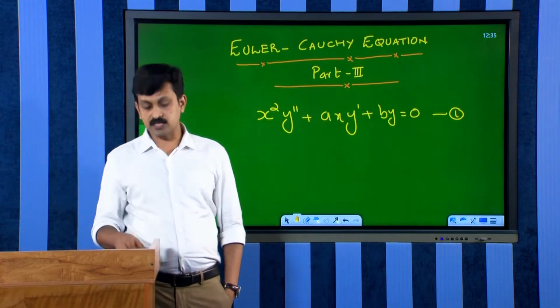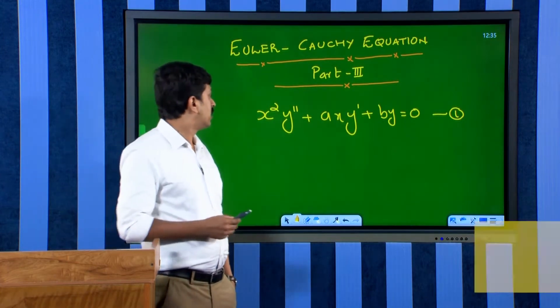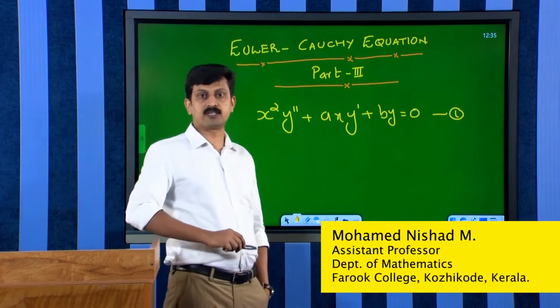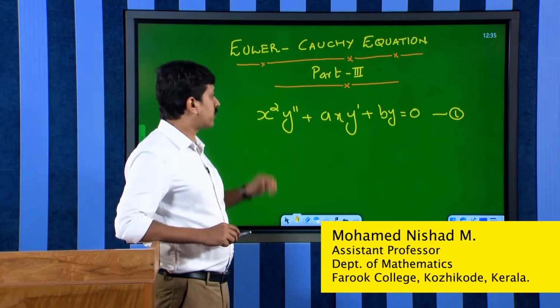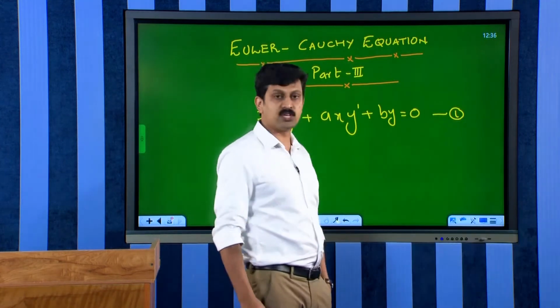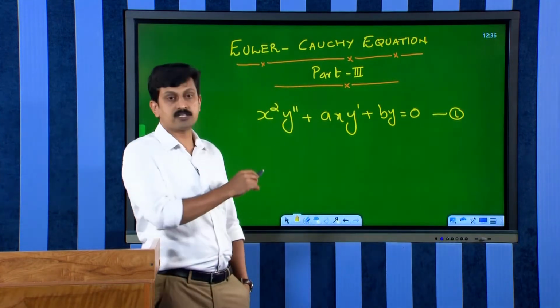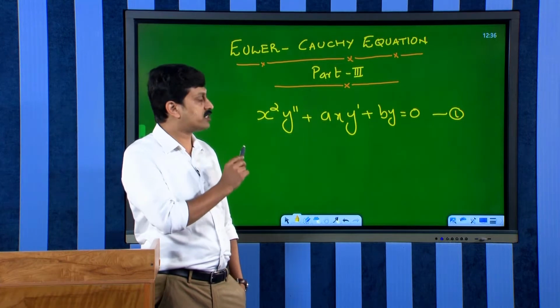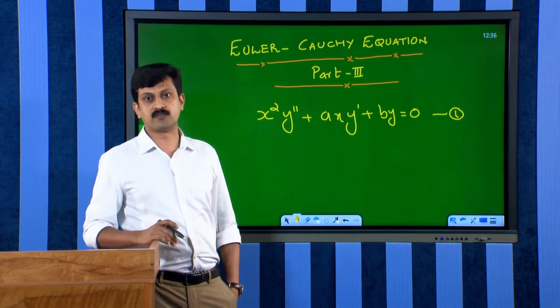We already discussed the Euler-Cauchy equation, and we know that x square y double dash plus axy dash plus by equal to 0 is an Euler-Cauchy equation with constant coefficients.